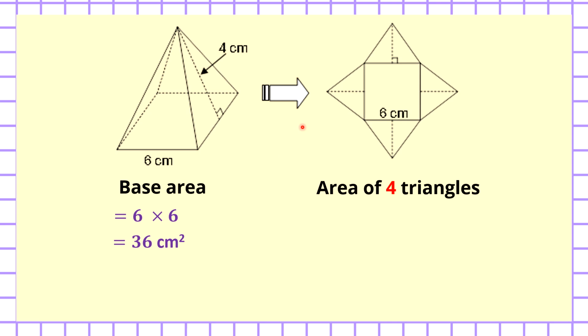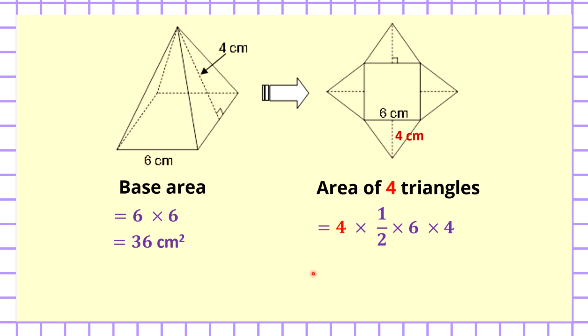Now, how about the area of these 4 triangles? I do know that the base is 6. And what is the height? The height is given as 4 cm, as shown in the diagram on the left hand side. Once I have this, I'm going to put them together. There are 4 triangles, so I just multiply by 4. The area of a triangle is half times base times height.